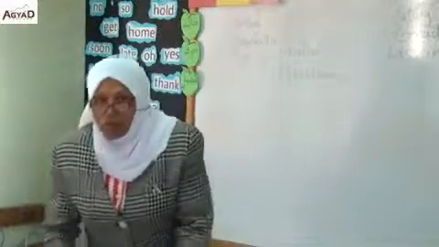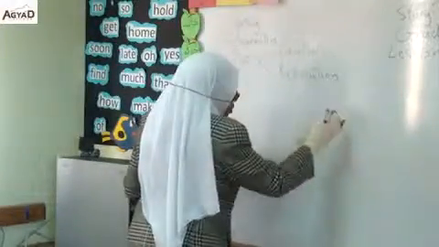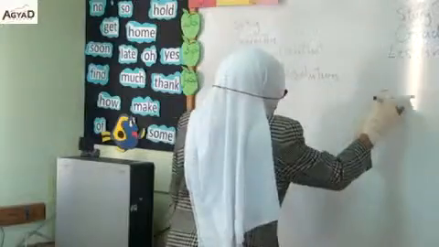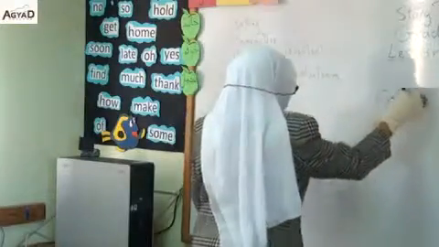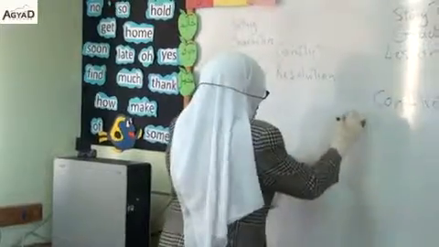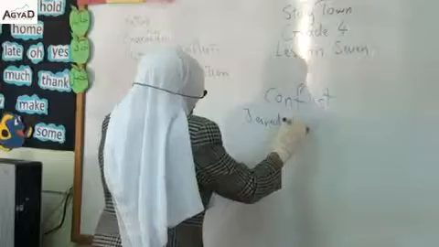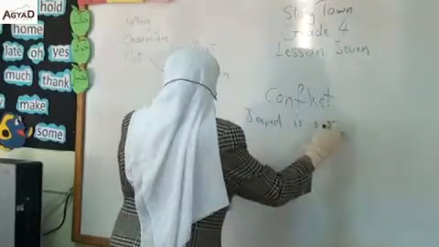Now, about this story here, what is the conflict here? Now let's write the conflict once again. The conflict is that this Jared is worried. Why?